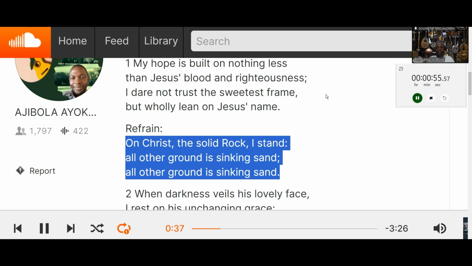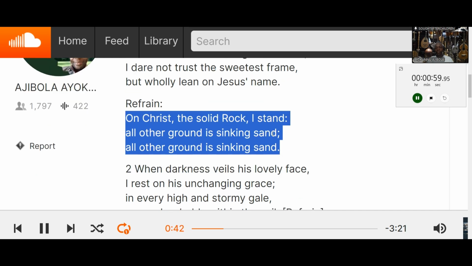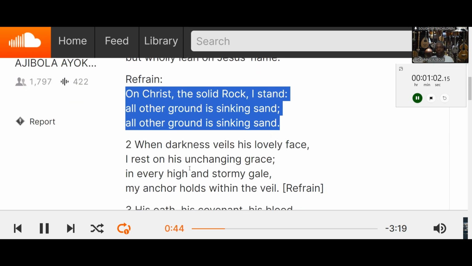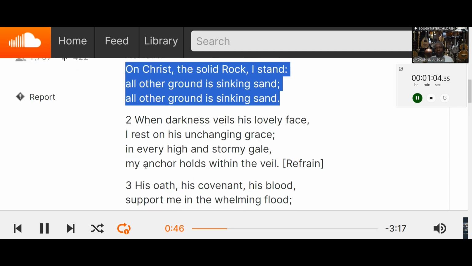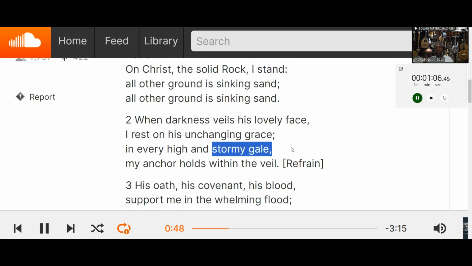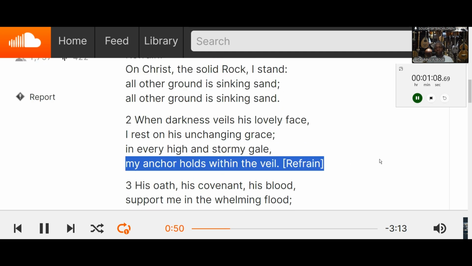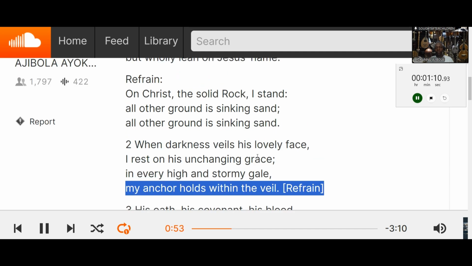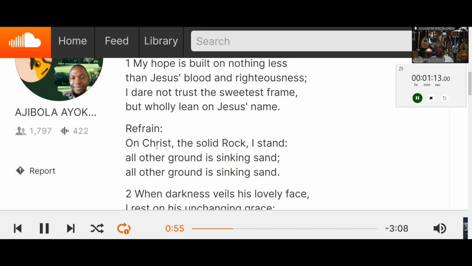When darkness veils his lovely face, I rest on his unchanging grace. In every high and stormy gale, my anchor holds within the veil.